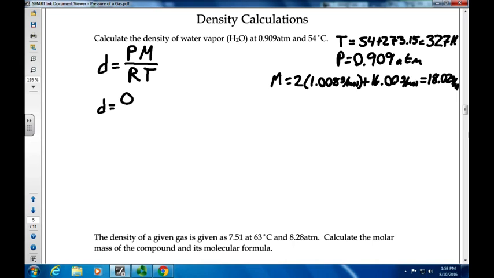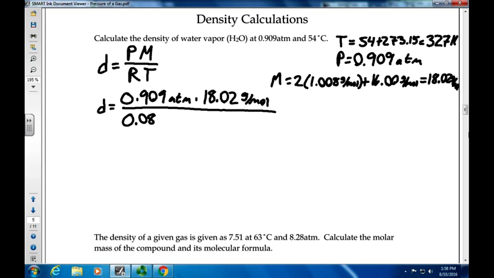So pressure is 0.909 atmospheres times the molecular mass, which is 18.02 grams per mole, all over our gas constant, which is 0.0821 liter atmospheres per Kelvin mole, times 327 Kelvin.